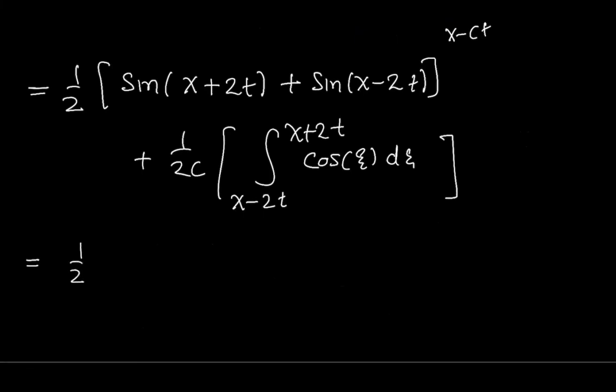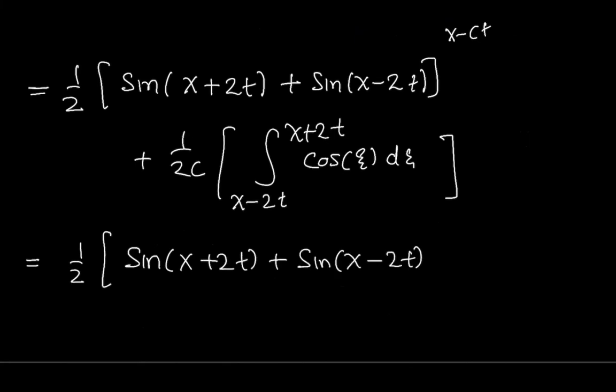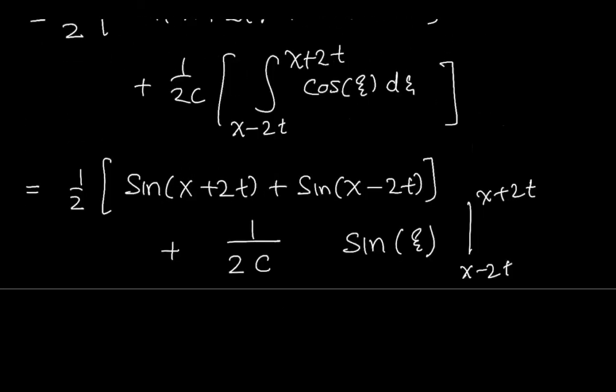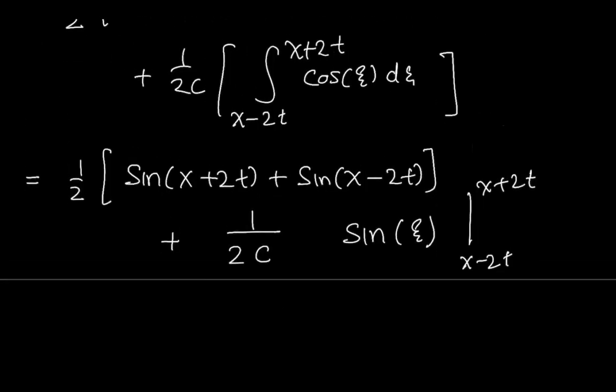Therefore 1/2 sine(x+2t) plus sine(x-2t), plus 1/2c, this is going to be sine c, from x minus 2t to x plus 2t. The integration of cosine is sine c.